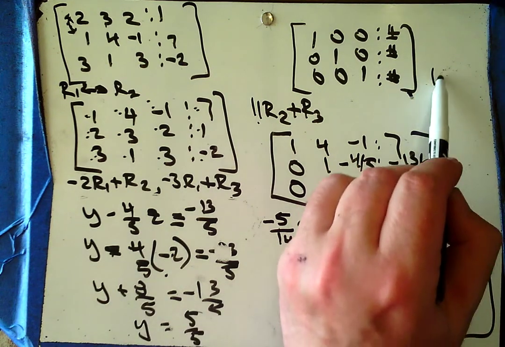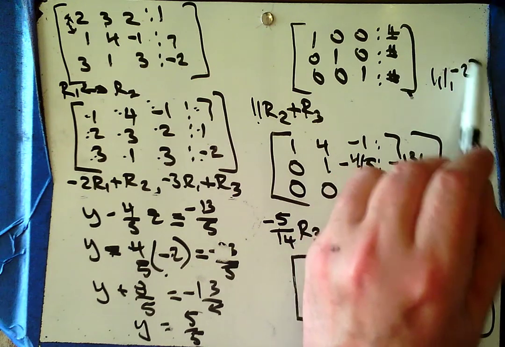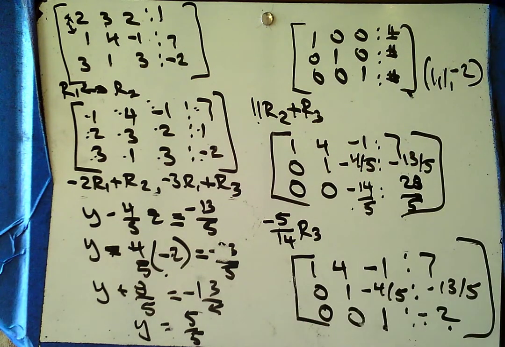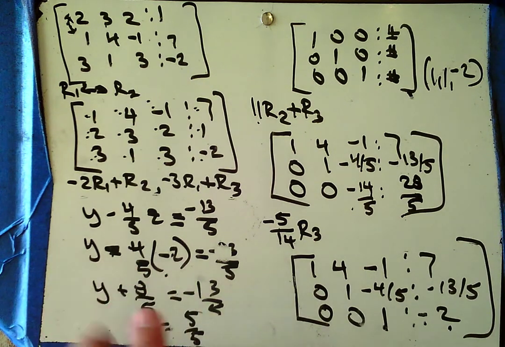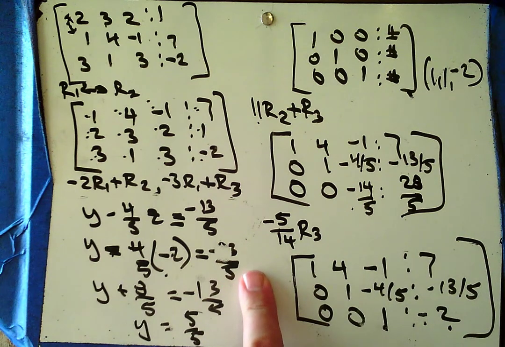Luckily we already know the answer is this. So, that's 8 fifths. That's negative 13 fifths, which would be negative 21 fifths, and I don't want that.